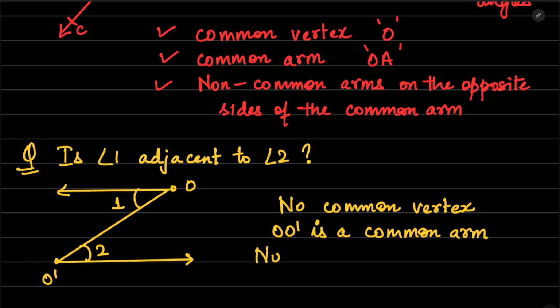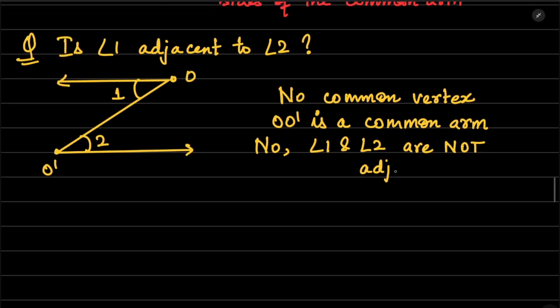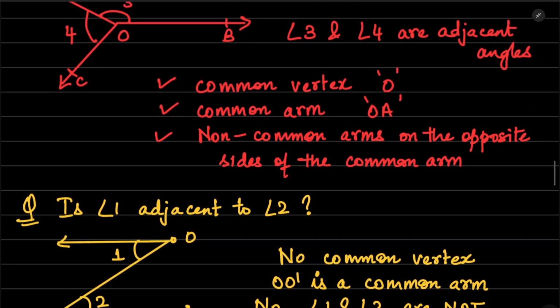So you have to say no, angle 1 and angle 2 are not adjacent angles because they do not have a common vertex. So in order for two angles to be called adjacent angles, all these 3 points have to be satisfied. It should have a common vertex, it should have a common arm, and the non-common arms should be on the opposite side of the common arm.